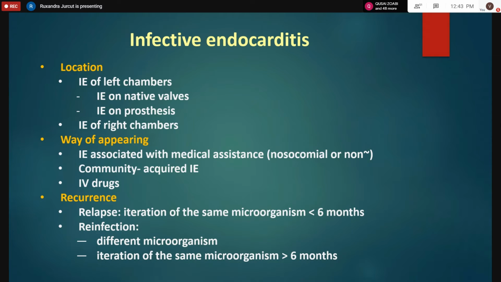Now let's see how we can classify infective endocarditis.